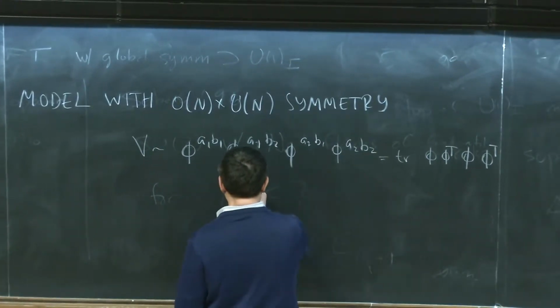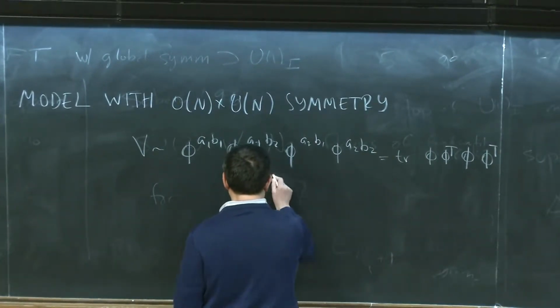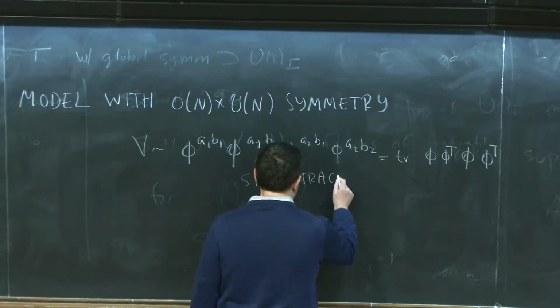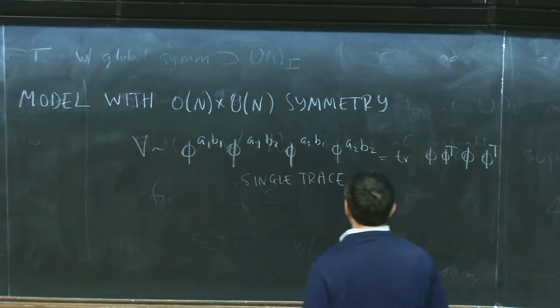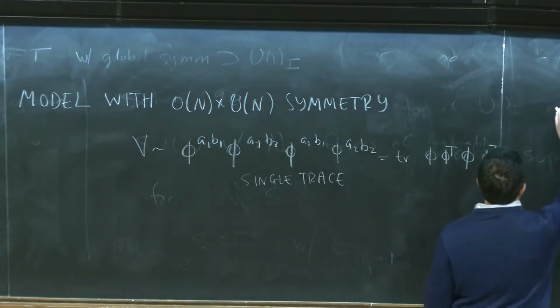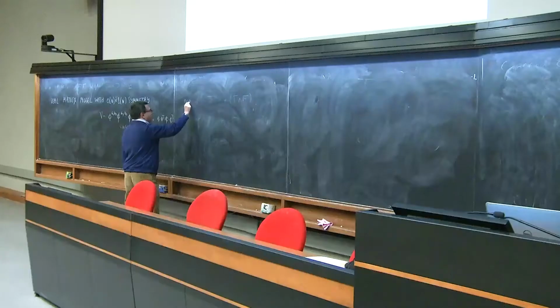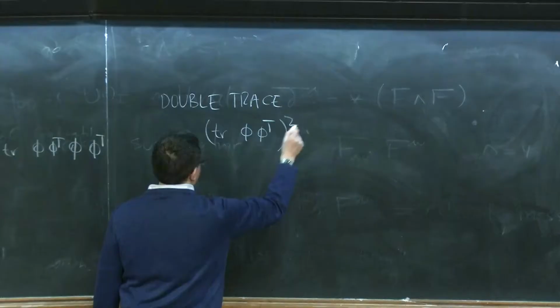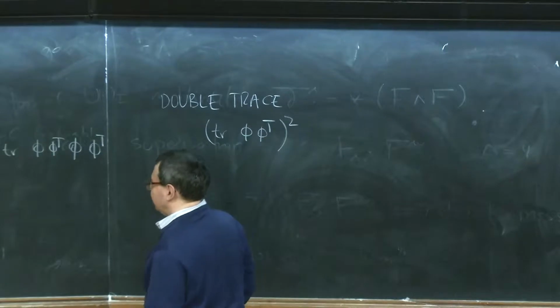First of all, this is what you would call a single trace interaction, because obviously there is one trace. There is also double trace, as I mentioned, which here you would write as trace of phi transpose phi, all squared. And both are allowed by the symmetry.